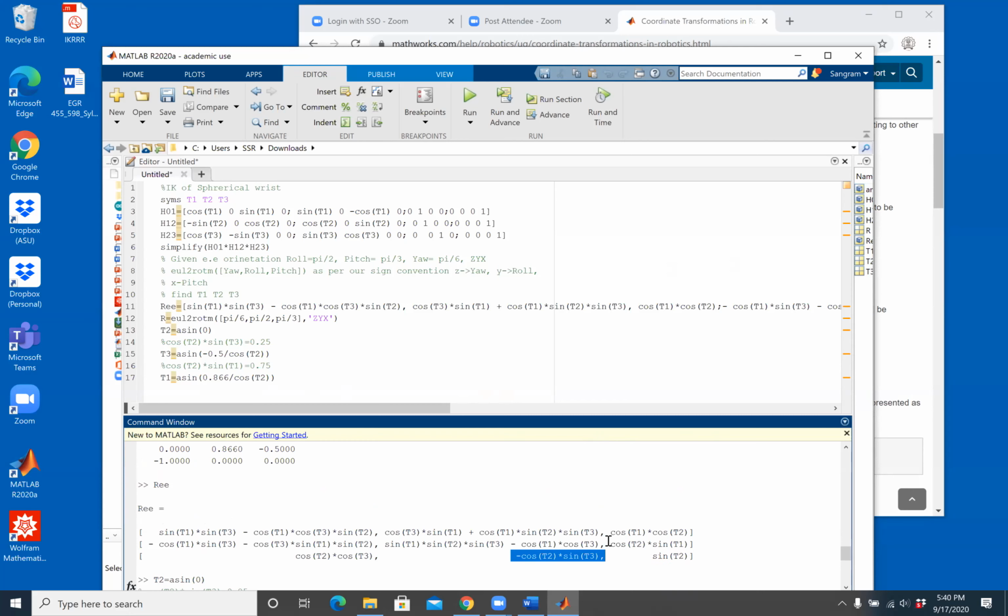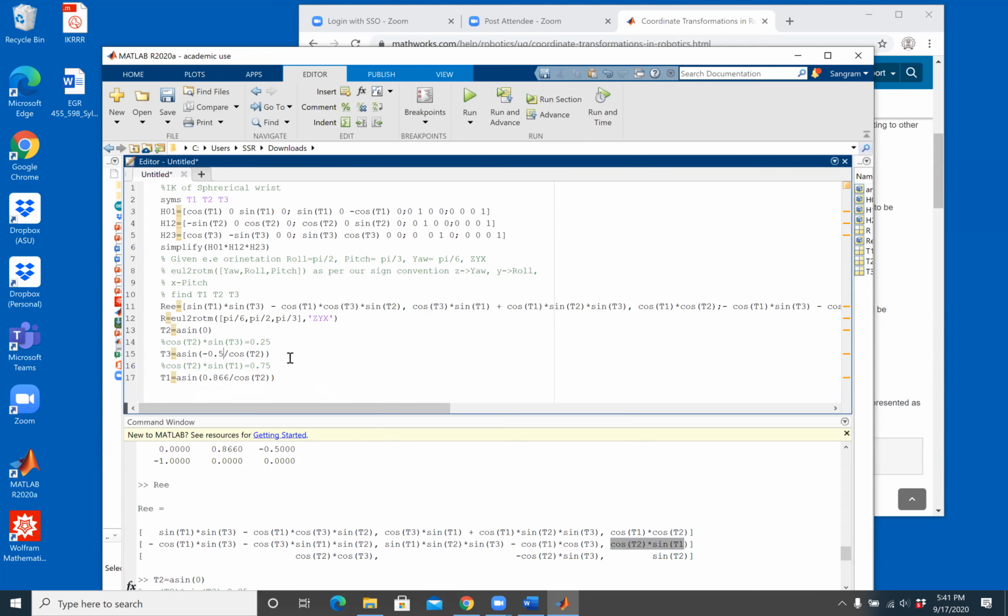I can use this equation, or I can use this equation. And then probably just compare sine T2 from here to find T2. Then I need to use T2 and T3. So I can use either this equation or this equation. So I use cosine T2 sine T1. So sine T1 is 0.